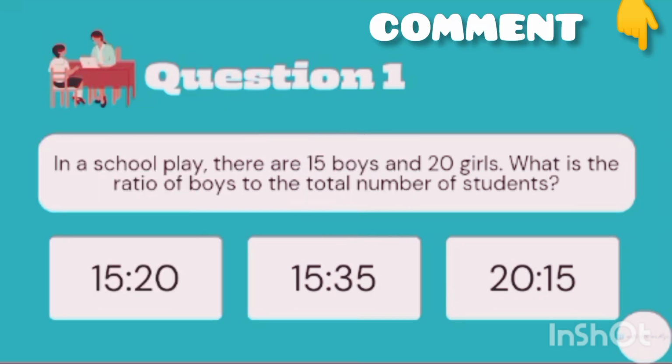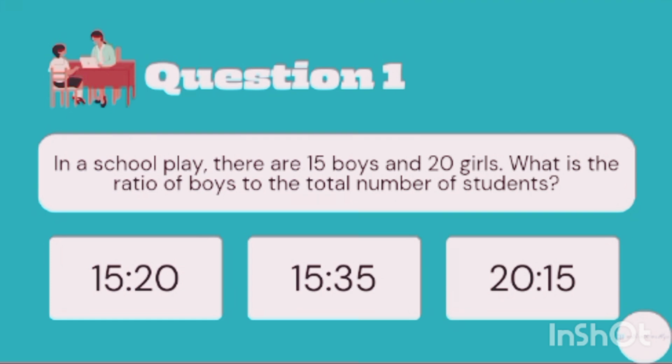Our first question is, in a school play there are 15 boys and 20 girls. What is the ratio of boys to total number of students? The number of boys is 15, so we will put 15 ratio.